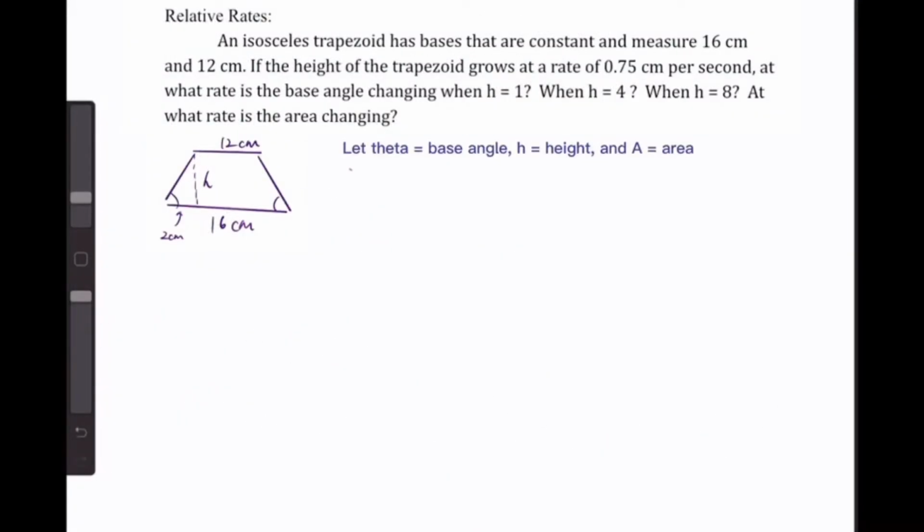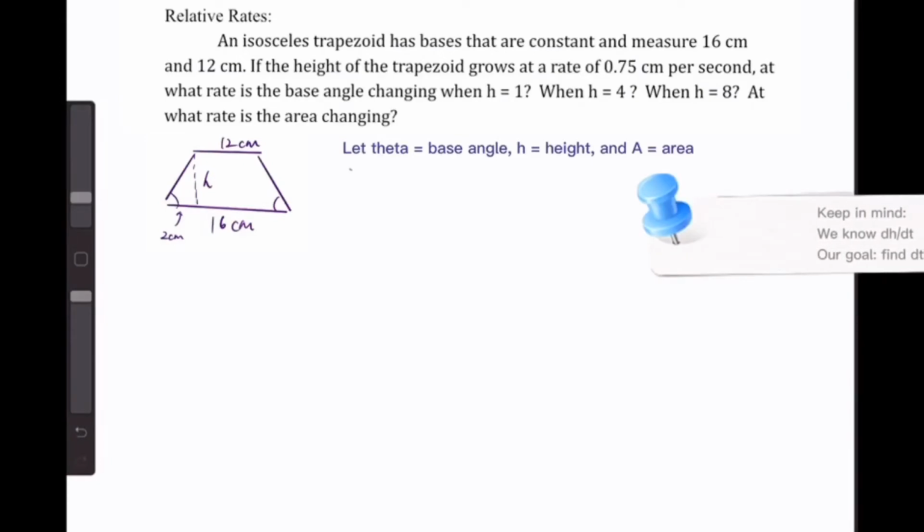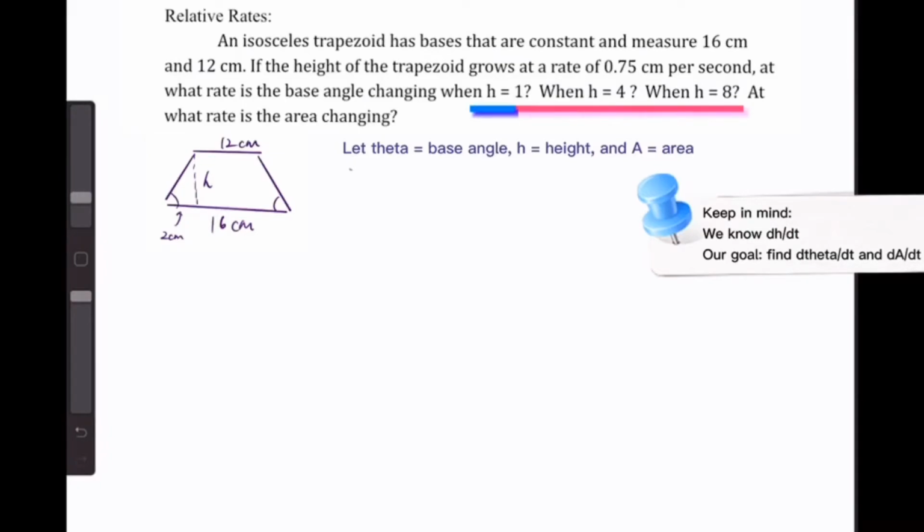For the related rates problem, first, we want to establish some relationships. Keep in mind that we already know dh/dt. Our goal is to find d theta/dt and dA/dt. The first part of the problem asks at what rate the base angle is changing when h equals 1, when h equals 4, and when h equals 8.